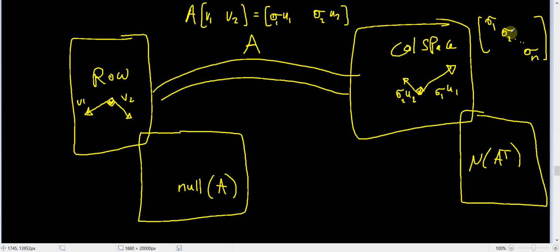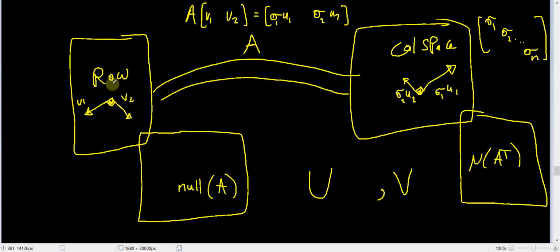For the SVD, you are looking for the matrix U and the matrix V. This means that you are looking for v1, v2, and u1, u2. So you are looking for some perpendicular bases of the row space that when multiplied by the matrix A will result in another perpendicular basis in the column space.